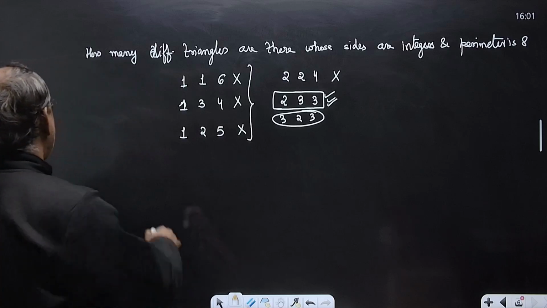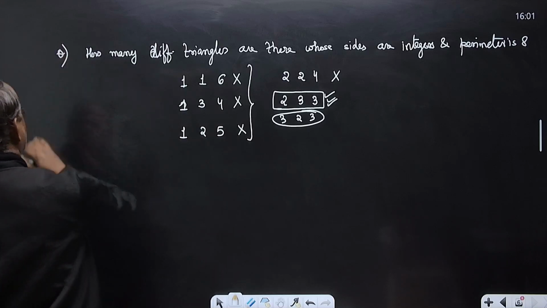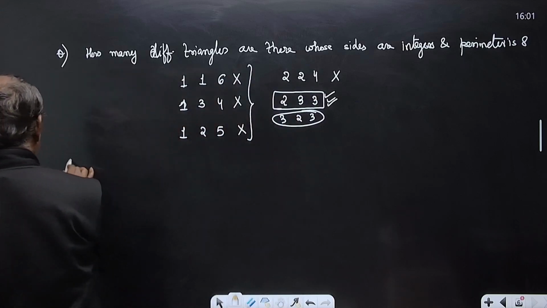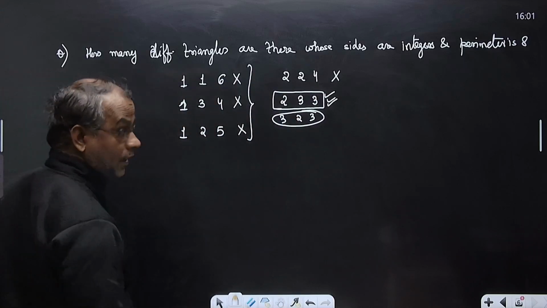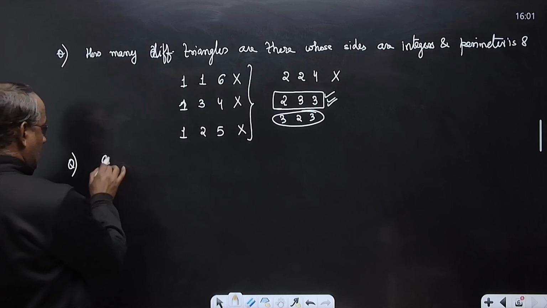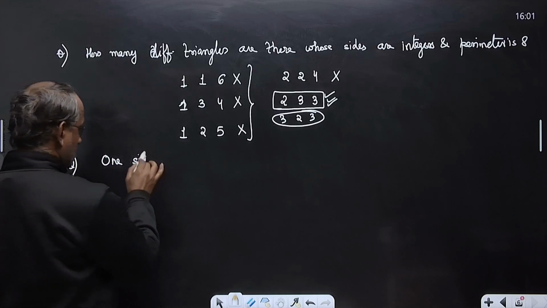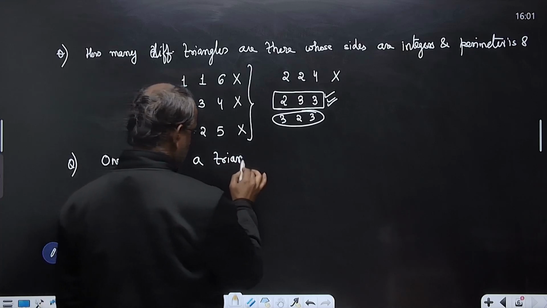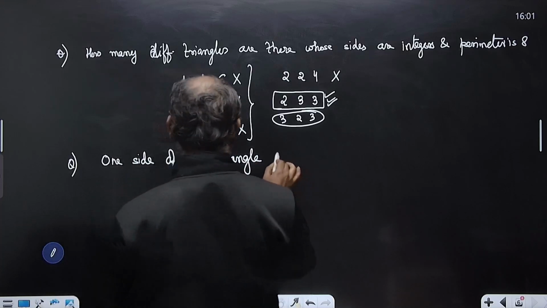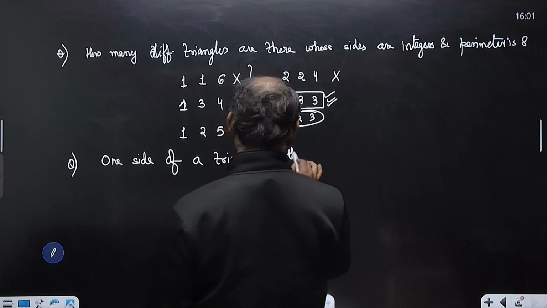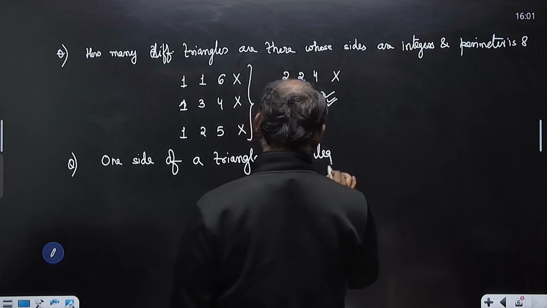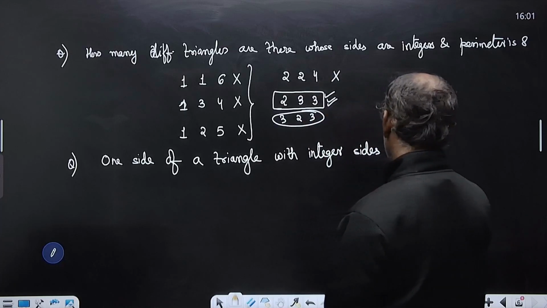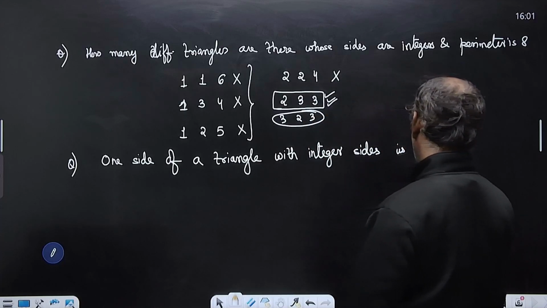Now one more question, something I just thought of. One side of a triangle with integer sides is 1.